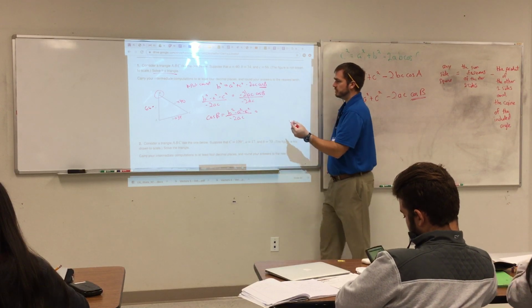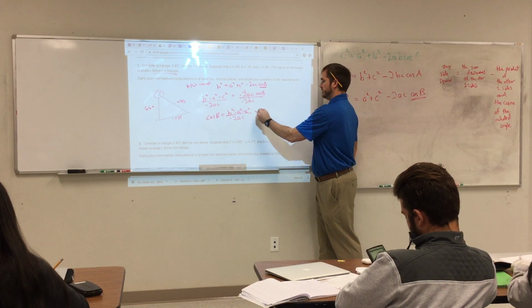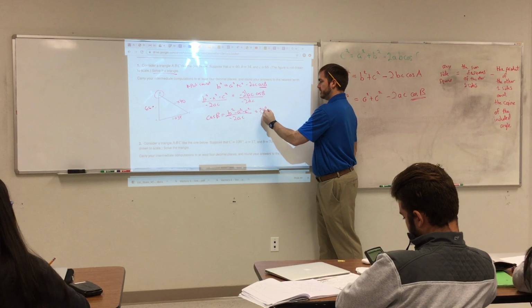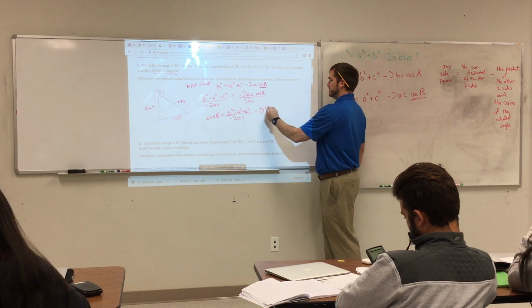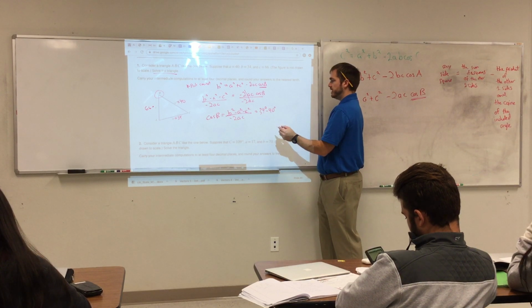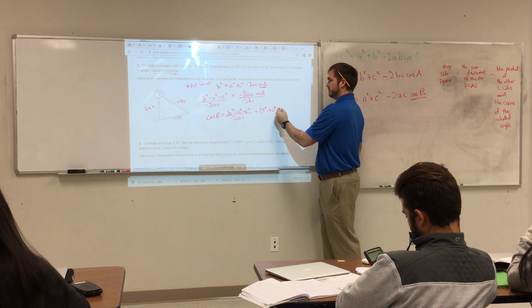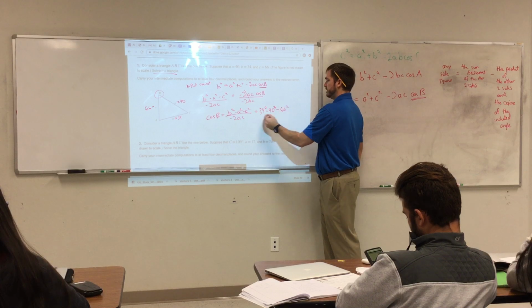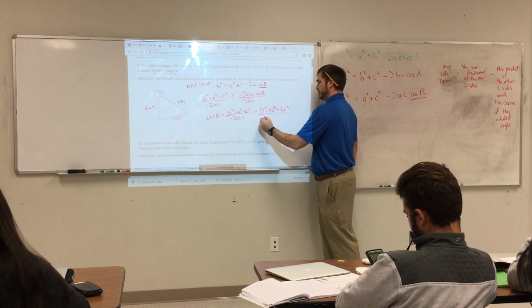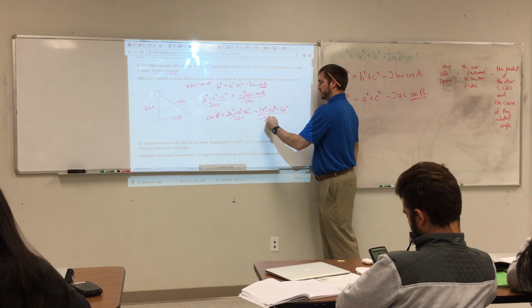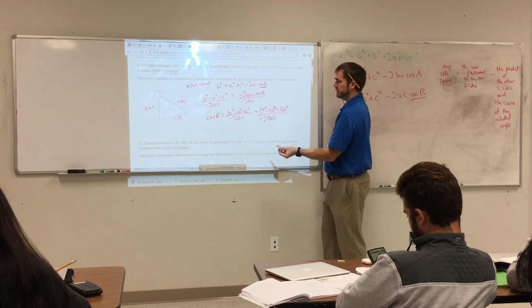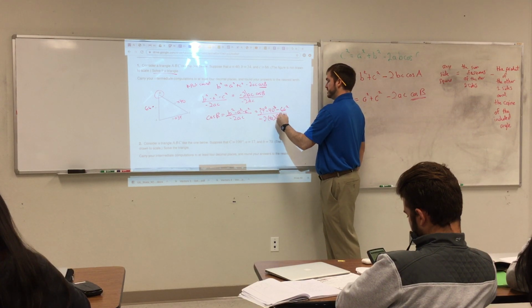So let's go ahead and start throwing some numbers here. So 34 squared minus 40 squared minus 66 squared all over negative 2 times 40 times 66.